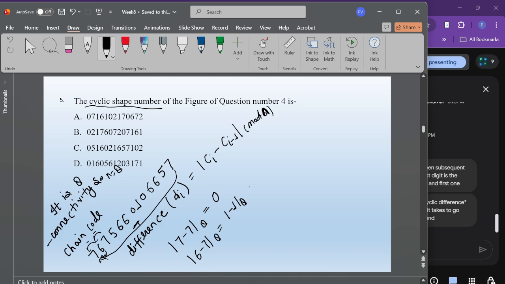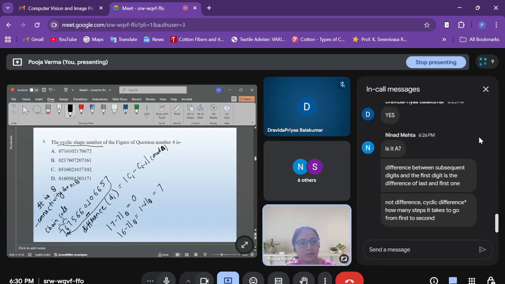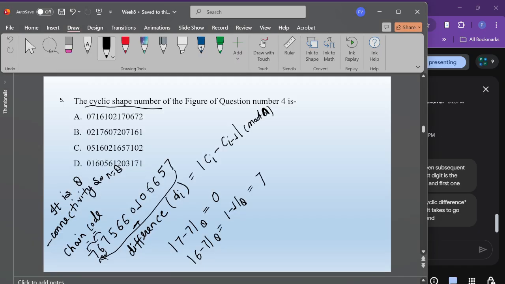So for mod 8 it is 8 minus 1, so it will be 7 only. Because in the mod representation, is it fine? Have you understood why we are writing 7 here? Because it is a mod. So we are taking the mod difference.